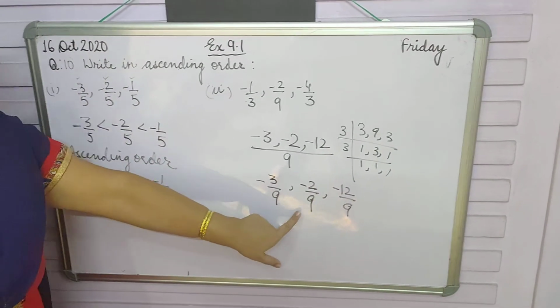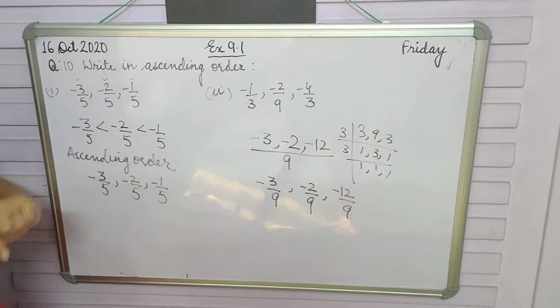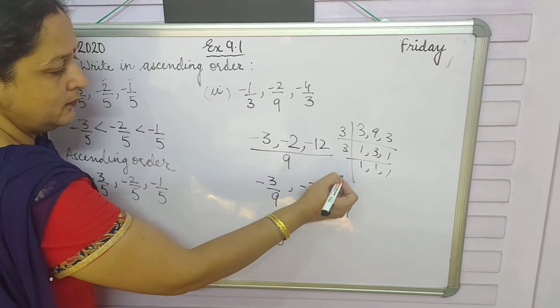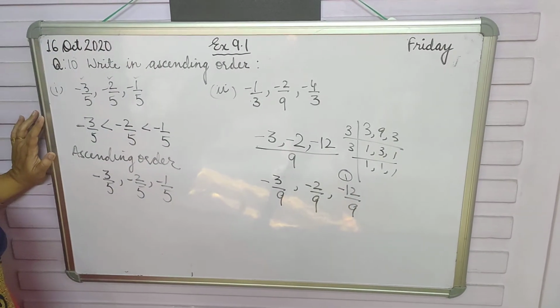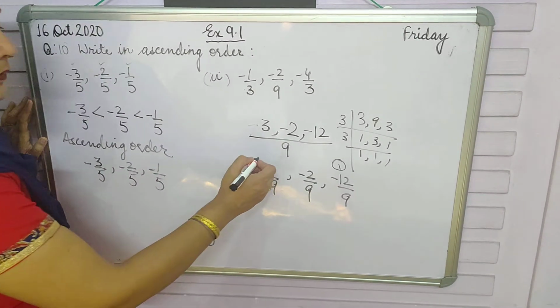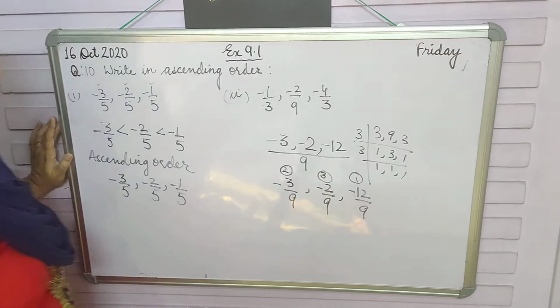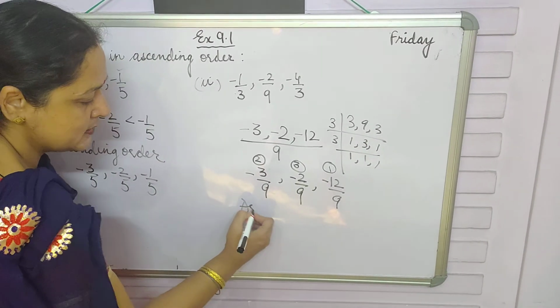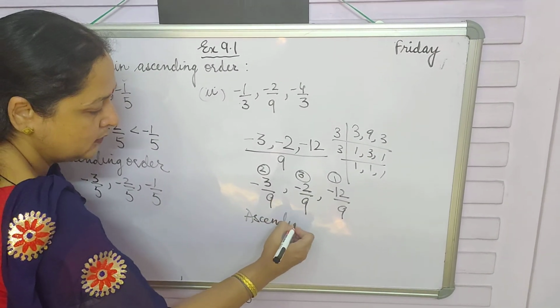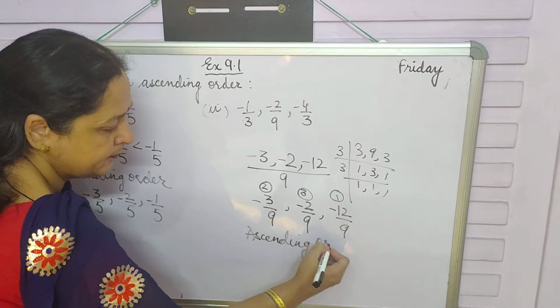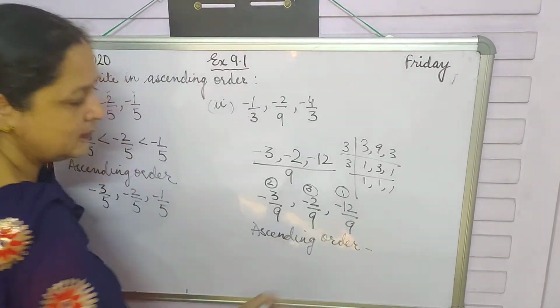Now since their denominators are same, compare their numerators. Which is the smallest one? It is minus 12. The next one is minus 3. And the greatest among these is minus 2. So now let us write down these rational numbers in ascending order.